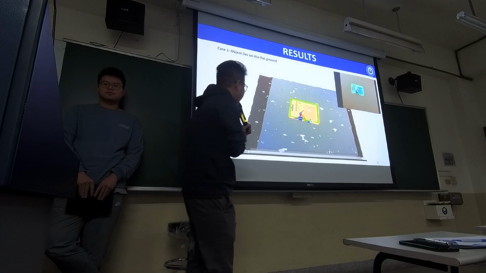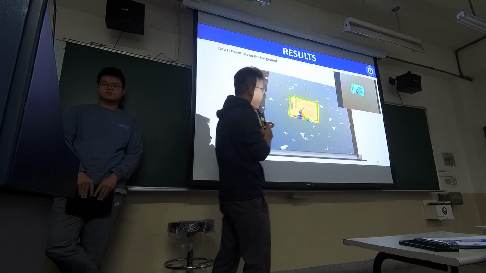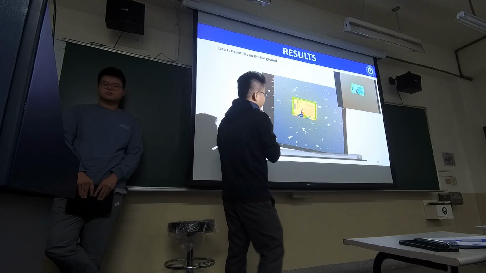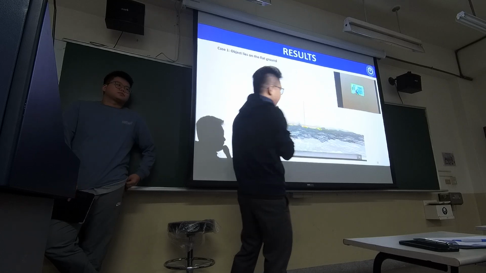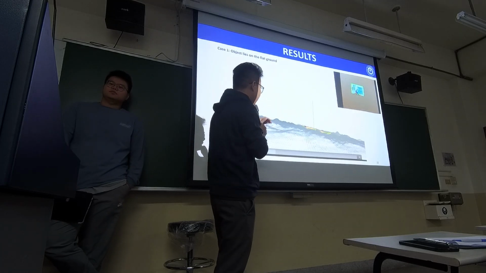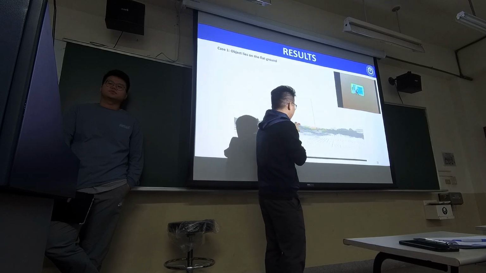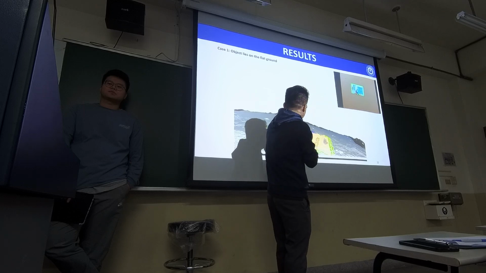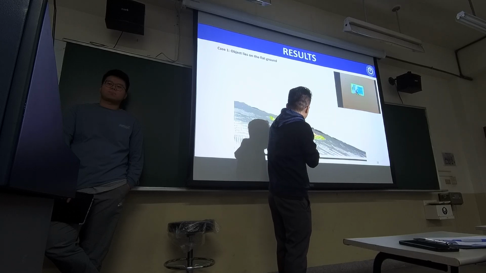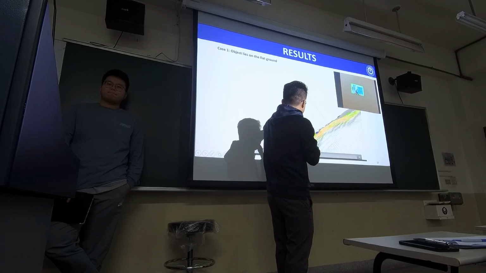Lastly, we visualize in 3D to see the result. First I put the object flat on the background, and you can see the result. The red box fits the object, and the green line means the Z-axis.